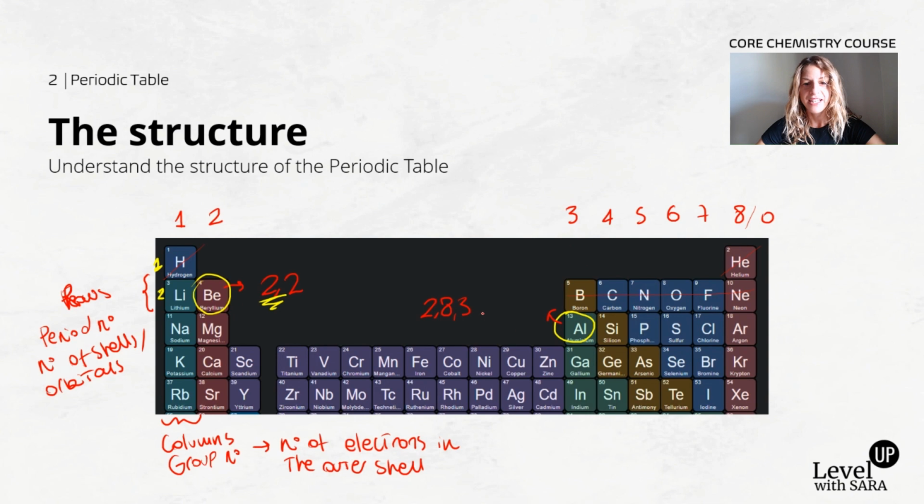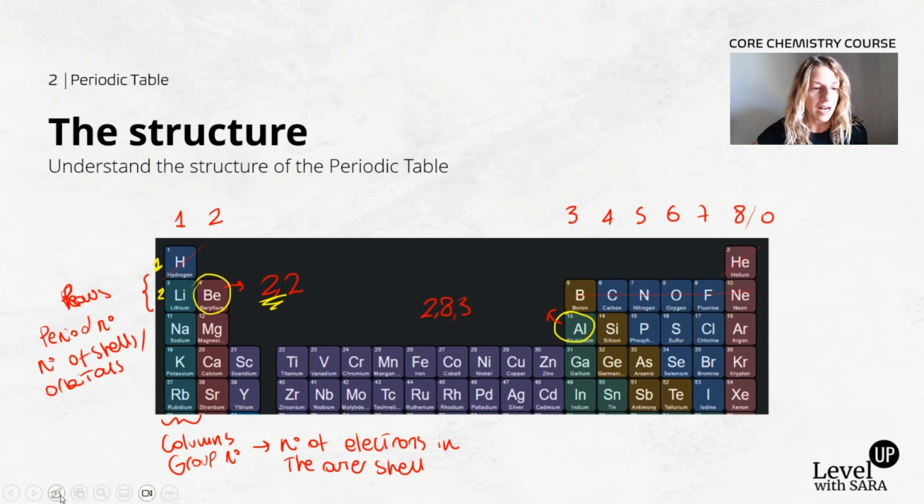There we go. So notice that all elements in the same group have the same number of electrons in the outer shell. This is important because it will tell us about their similarities. Remember, electrons are what determine the activity of elements because they are lost, gained, or shared to form chemical bonds. So, would you like to try one more?